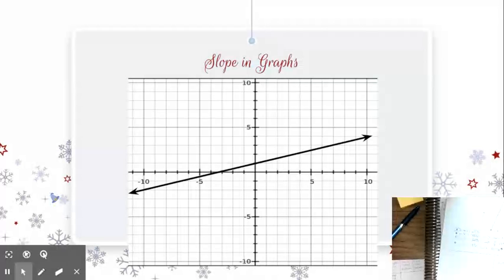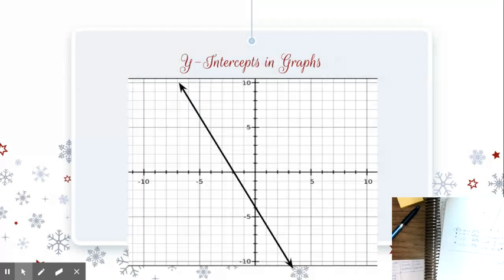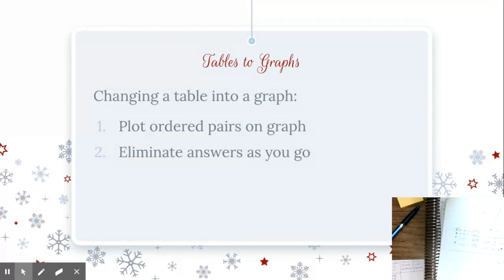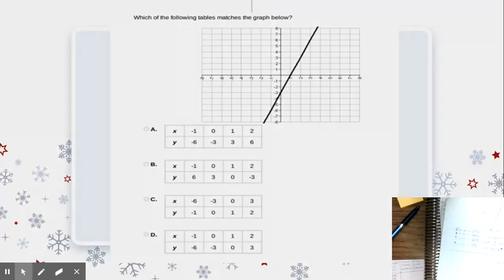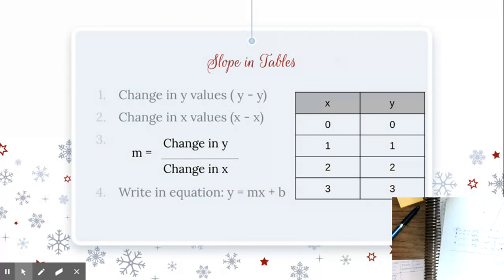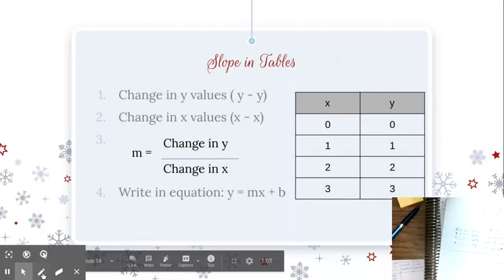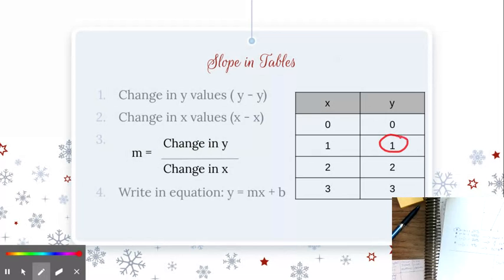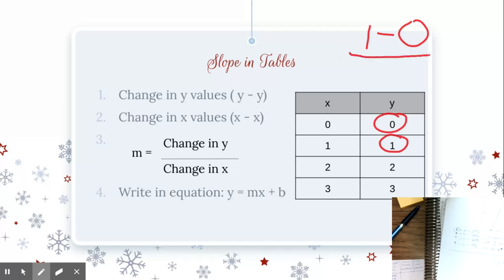Okay, let's find a table. So on a table, to find slope, we want to pick 2 y values. So I'm going to pick 1 and 0 here. And we're going to subtract those, 1 minus 0, and that goes on top. And then on bottom, I match the x's. Since 1 was first for the y, I'm going to match the x that goes with that.